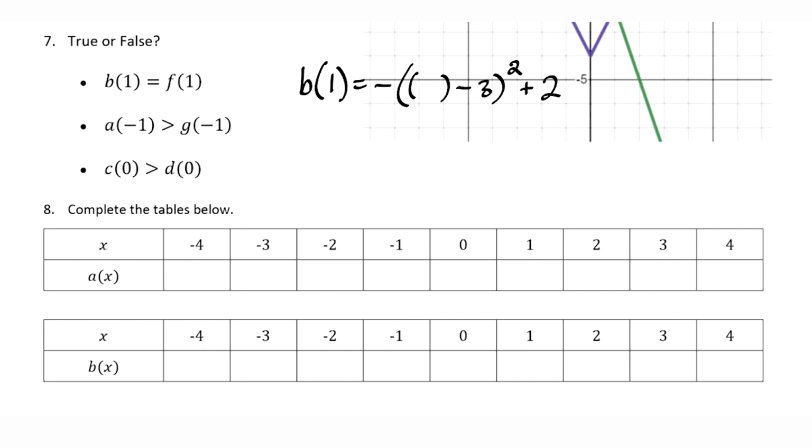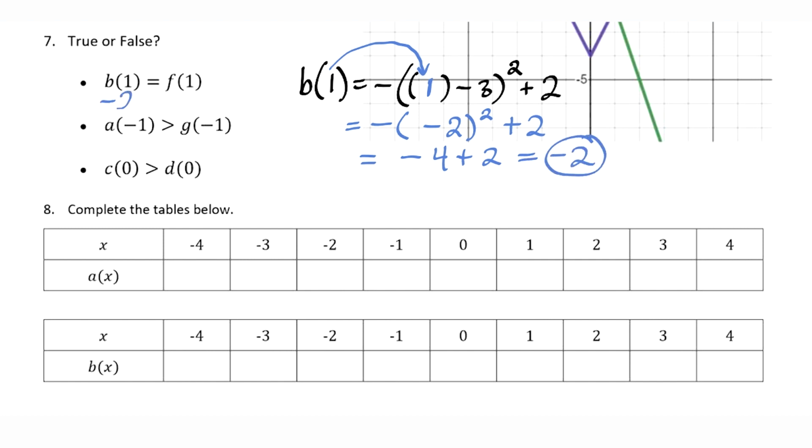And 1 is the value that we're substituting as x, so that would go there. So if I were to work that out, that'd be negative the quantity of negative 2 squared plus 2, which is negative 4 plus 2, which is negative 2. So this is negative 2. And we're trying to determine if that's equal to f of 1.